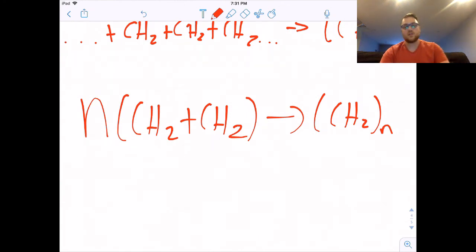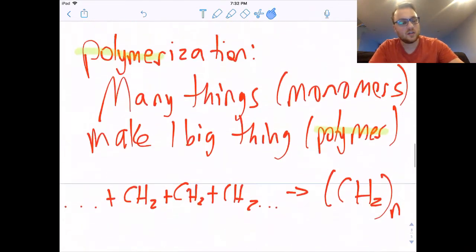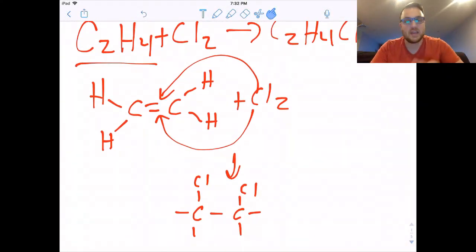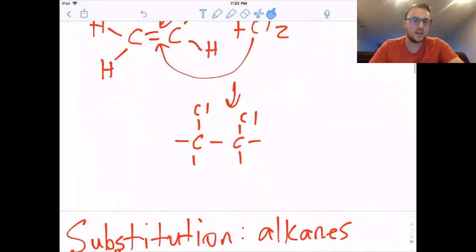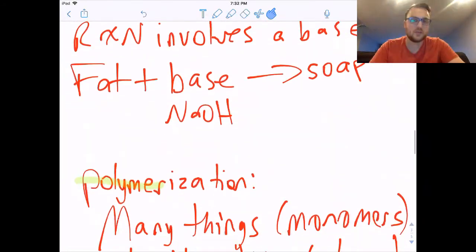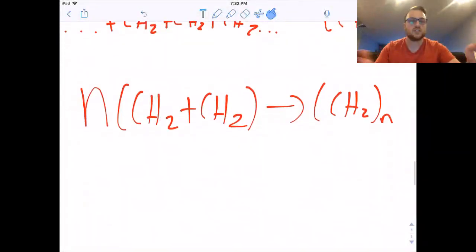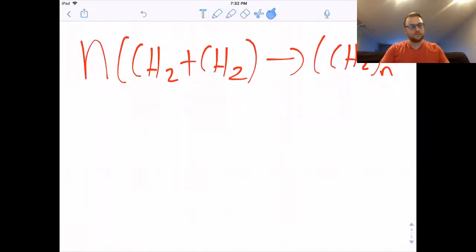But the basic principle of it is numerous little things become one gigantic thing. So it's not addition. Addition was just like adding a couple of atoms to a basic hydrocarbon. And it's always an alkene or alkyne. While polymerization is taking a whole bunch of small things and just throwing them all together. So, that's polymerization.